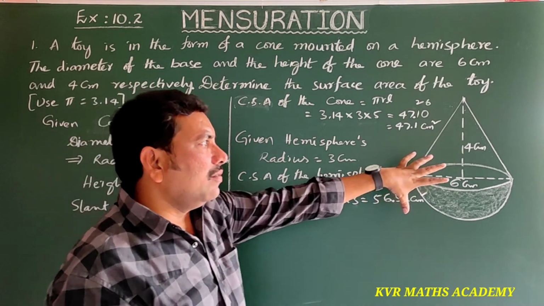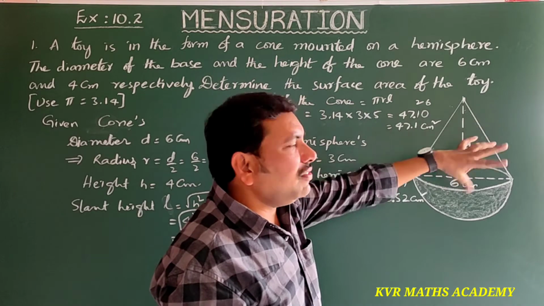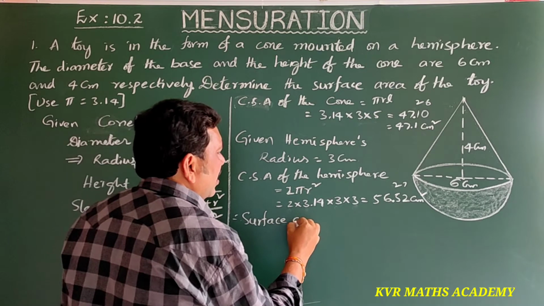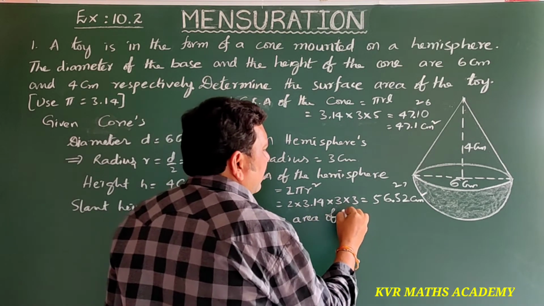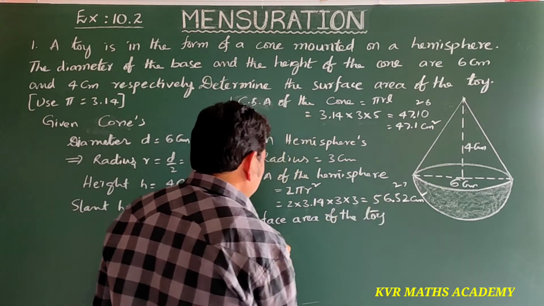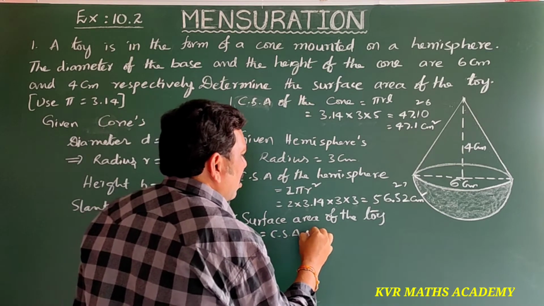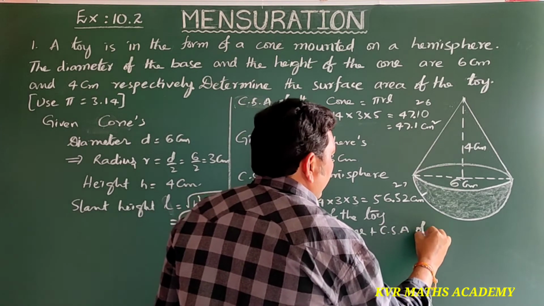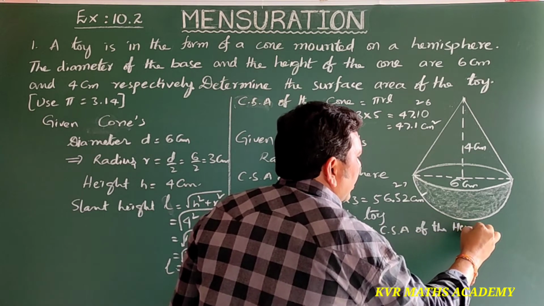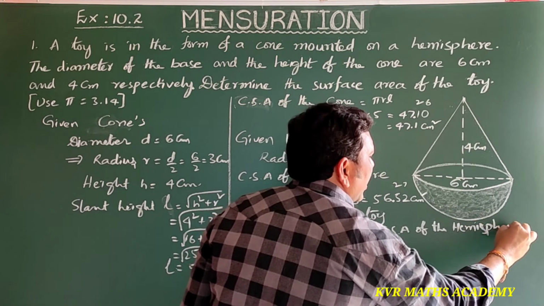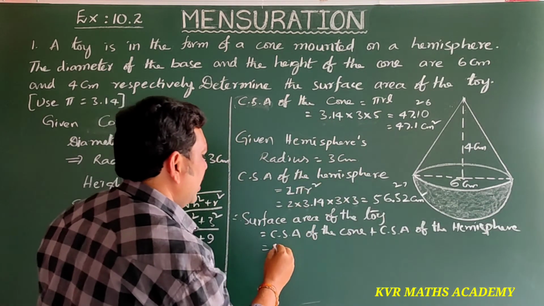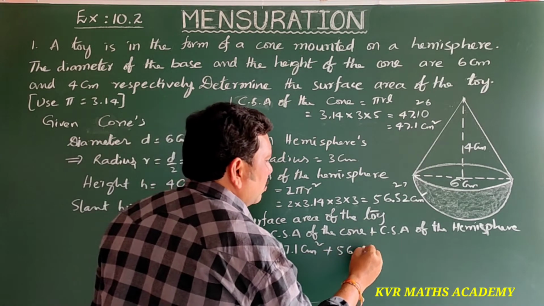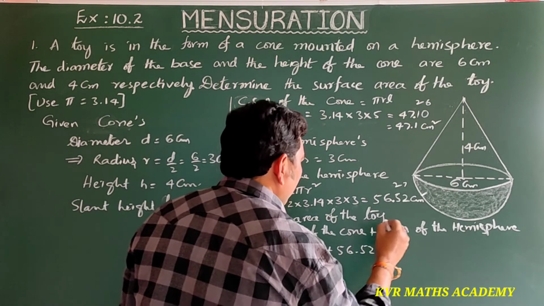So what do we have to find now? The surface area of this toy. Therefore, surface area of the toy is equal to CSA of the cone plus CSA of the hemisphere. CSA of the cone is 47.1 centimeter square plus 56.52 centimeter square.